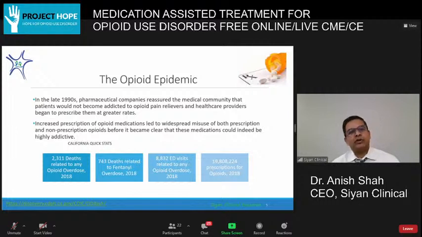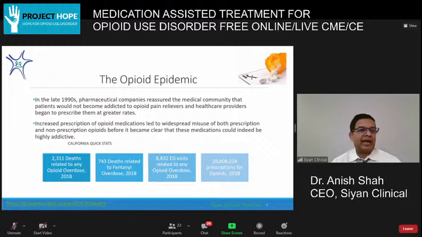Healthcare providers were told that pain is an important vital sign, maybe the fifth vital sign, and that it is important to treat it. And even if you use opioids for the long term, patients do not get addicted.